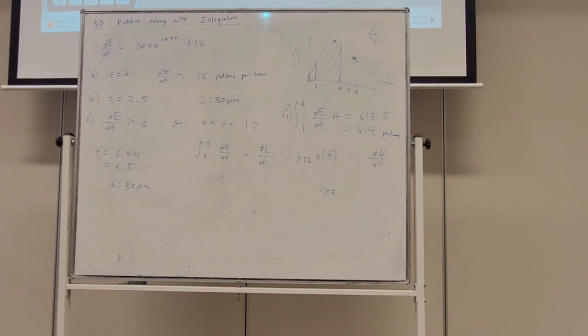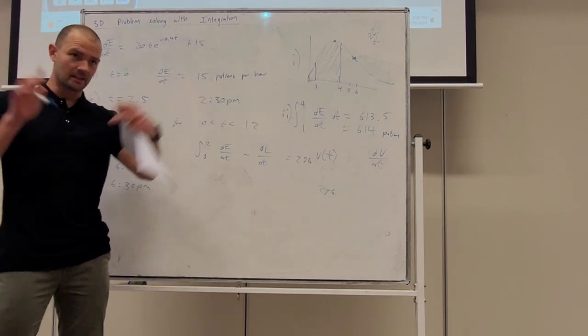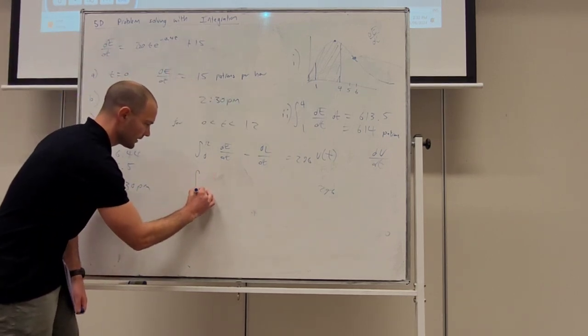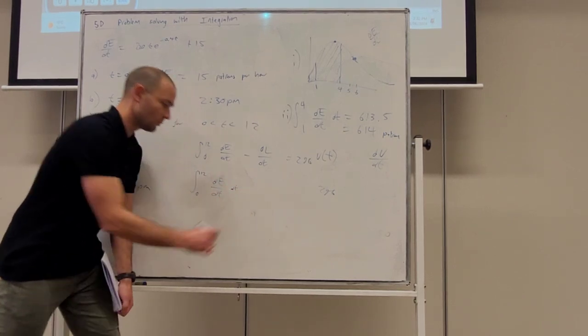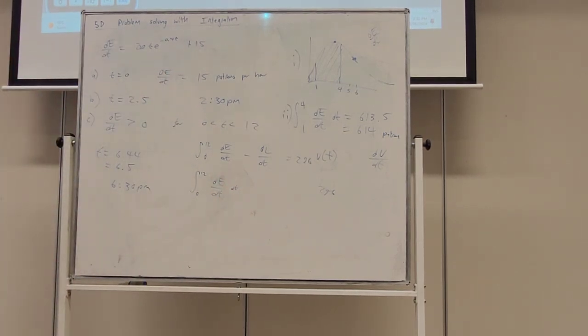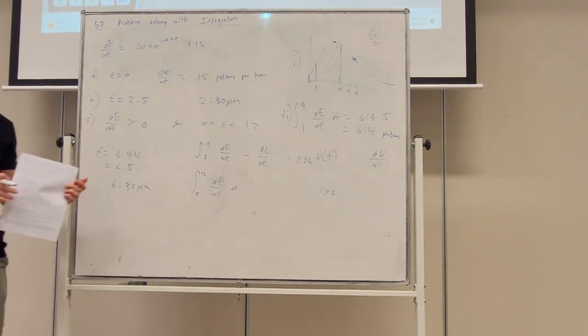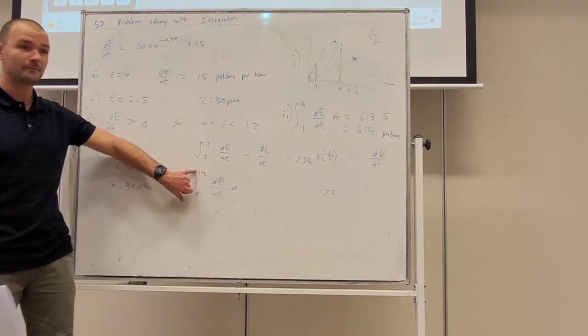I'm going to break this into 2 parts, and then it's going to be really easy to answer. The integral from 0 to 12 of dE on dt, what does that tell you? Yeah, exactly. It tells you how many people came in for the 12 hours.